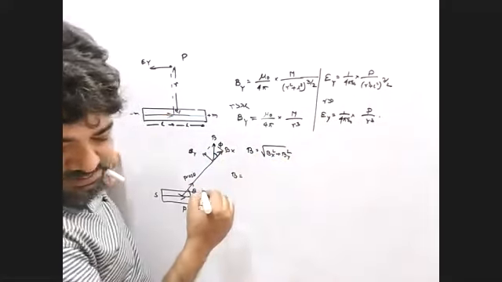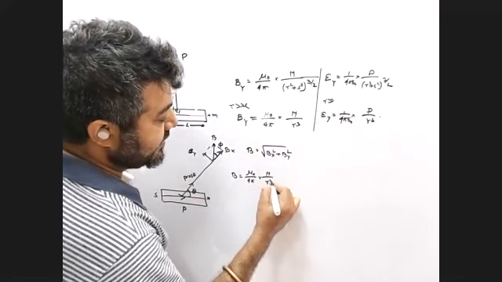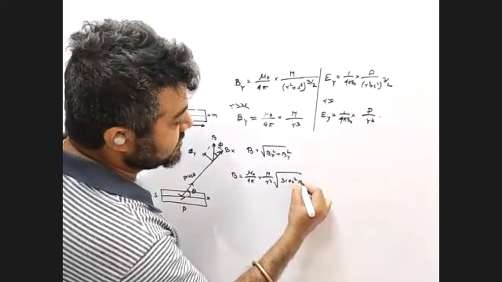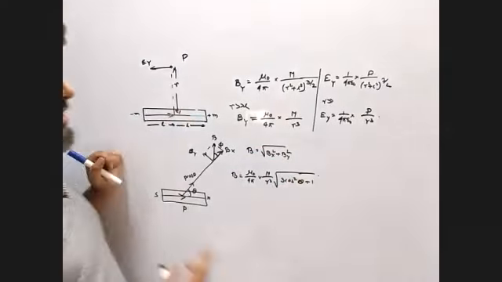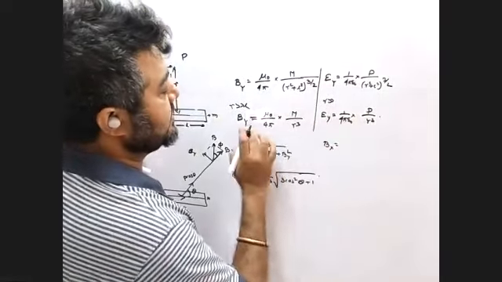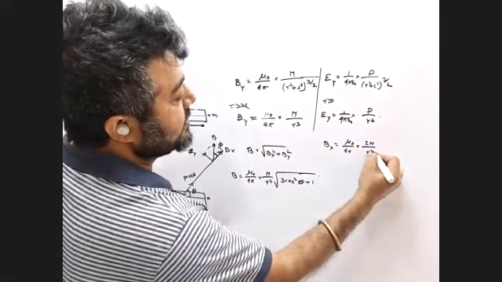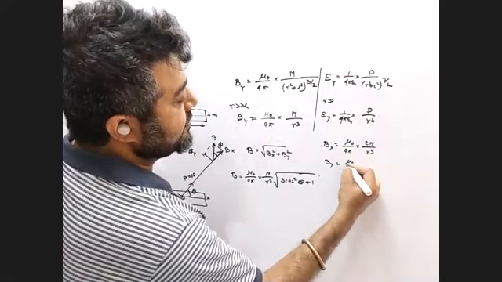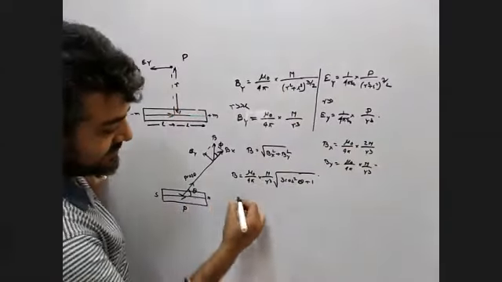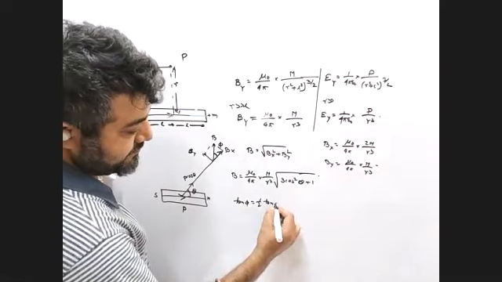So B is mu naught by 4 pi, m by r cube, root of 1 plus 3 cos square theta, where Bx is mu naught by 4 pi 2m by r cube, and By is mu naught by 4 pi m by r cube. And at the same time tan phi is half of tan theta. Right? Yes.